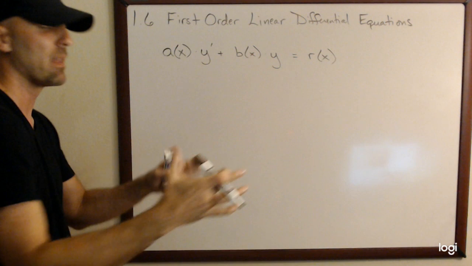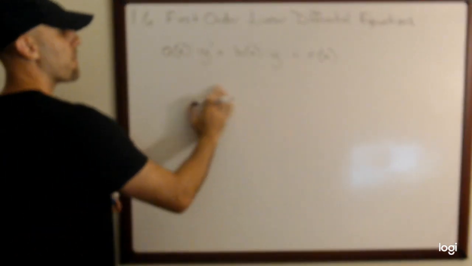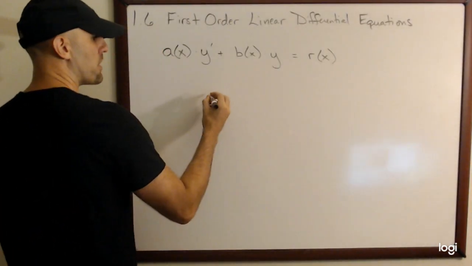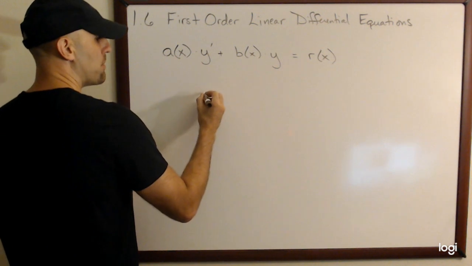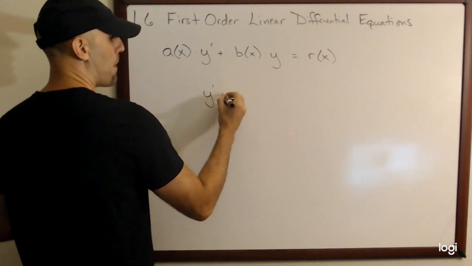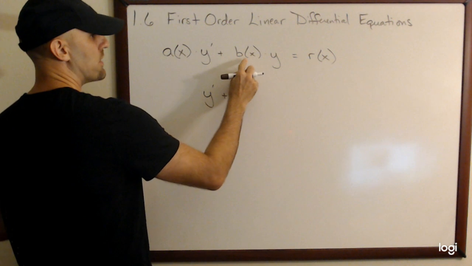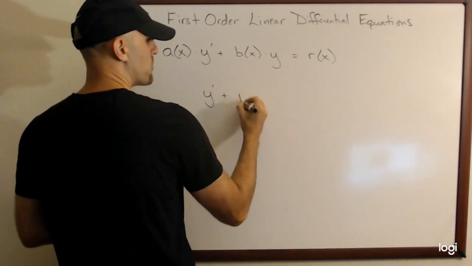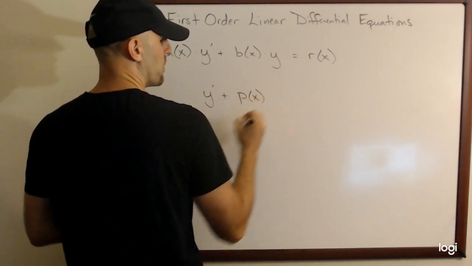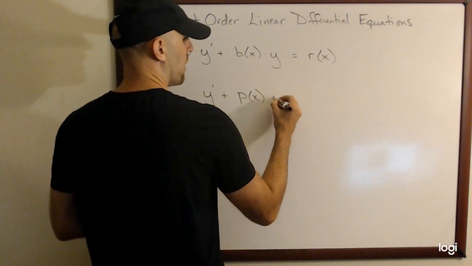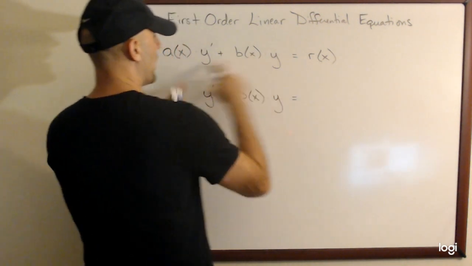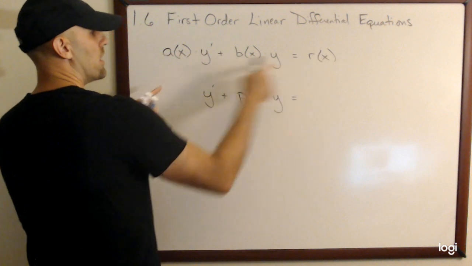So really, and this is the version we're going to work from, first order linear differential equations are those that can be written in the form y prime plus, if I take the quotient of those two functions, I'm just going to rename that some function p of x, times y is equal to, again dividing everything, r of x divided by a of x.